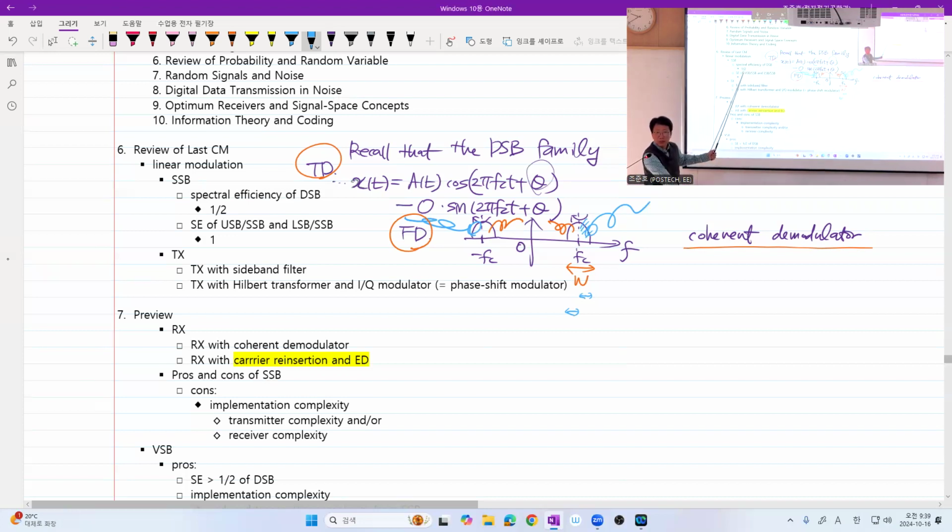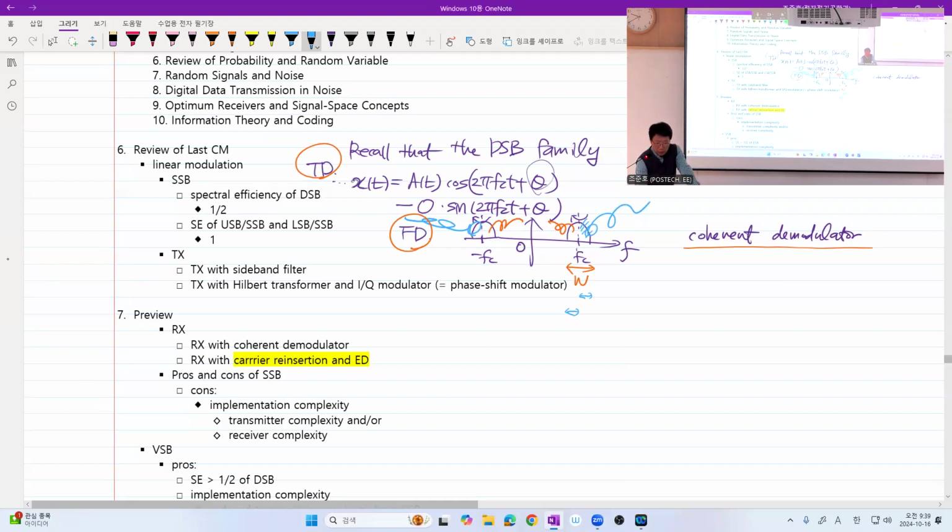Got it? So this is the motivation of our considering SSB, and historically the engineers in the early radio communication devised or invented this idea of single sideband.